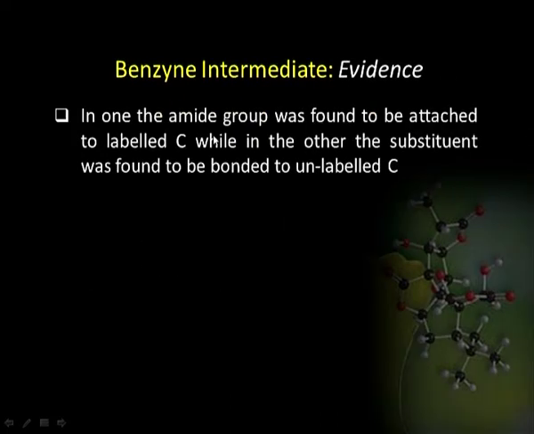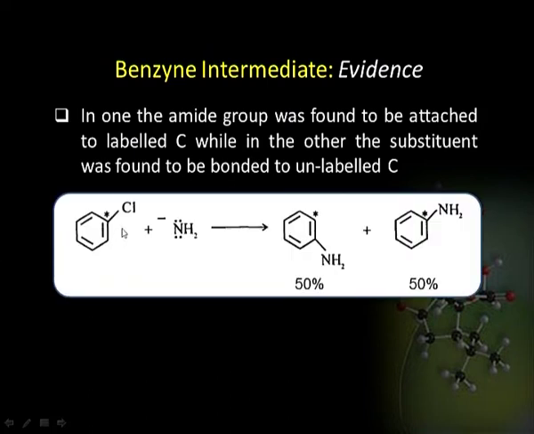In one, the amide group was found to be attached to labeled carbon, while in the other, the substituent was found to be bonded to the unlabeled carbon. So, this is the labeled chlorobenzene, and it reacts with amide ion to give rise to aniline, which is attached to unlabeled carbon as well as to the one attached to the labeled carbon.